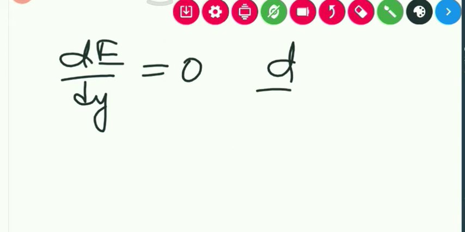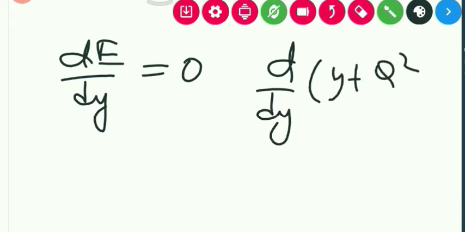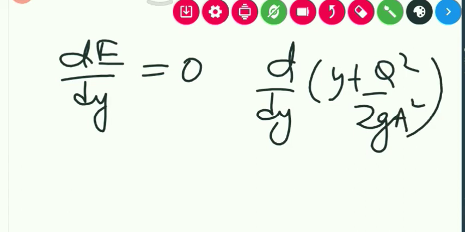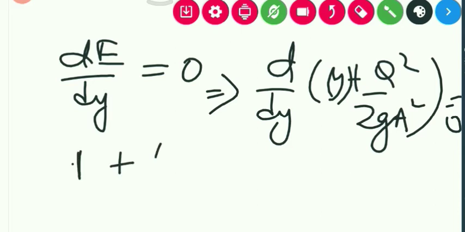So if we differentiate this term, y plus Q square by 2g upon A square, equal to 0, differentiation of this term comes out to be 1 plus Q square by 2g, which is constant, and the area is a variation.